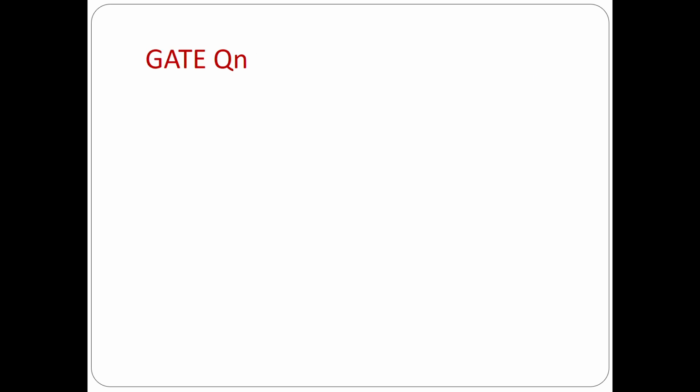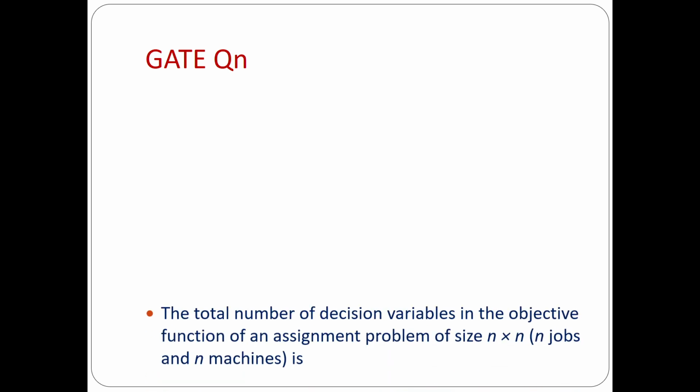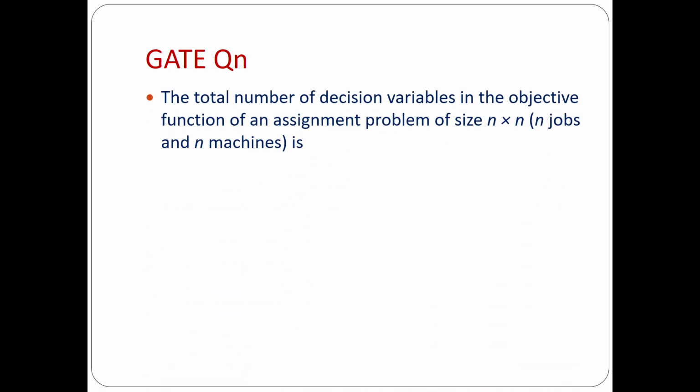Next we'll discuss a GATE question. The total number of decision variables in the objective function of an assignment problem of size n by n, that is n jobs and n machines, is: n square, 2 times n, 2 times n minus 1, or n. Obviously the number of decision variables is n workers into n jobs.